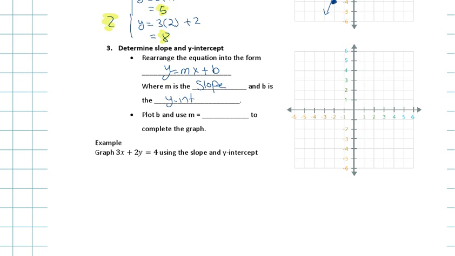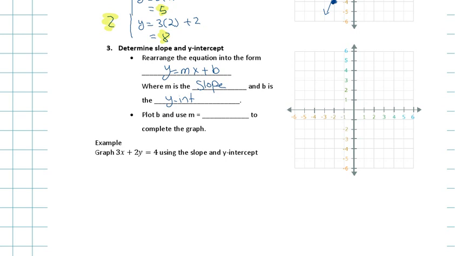Does any of you remember a formula for the slope? Y is equal to mx plus b. So what is m, the slope? Rise over run. There's a meaning for that. What does rise over run mean? Rise is up or down, right?